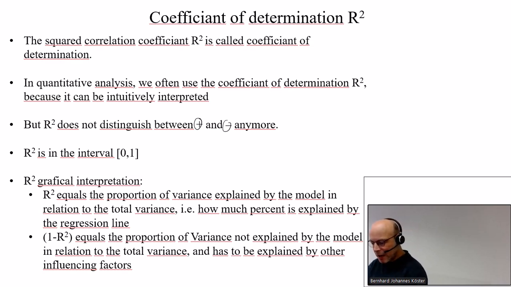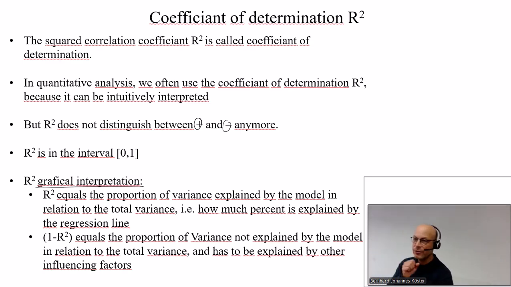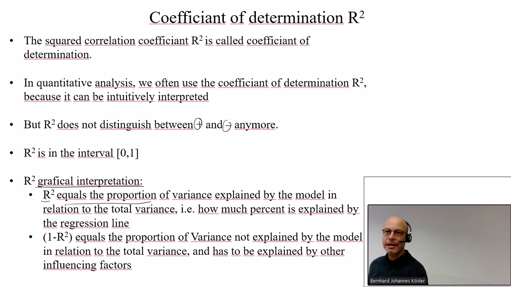And why we much more often use the R squared and not the R is this graphical interpretation, that we can interpret R squared as the proportion of variance explained by our model. Our model is y equals a plus bx.